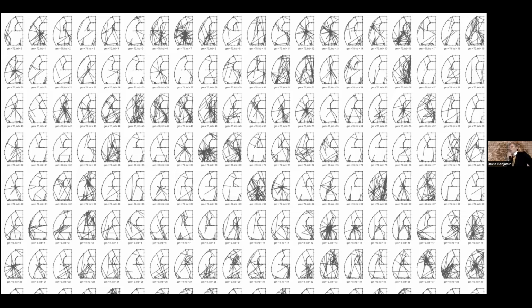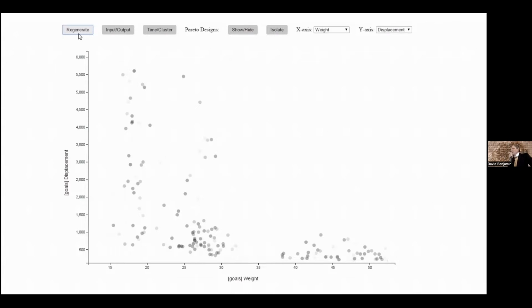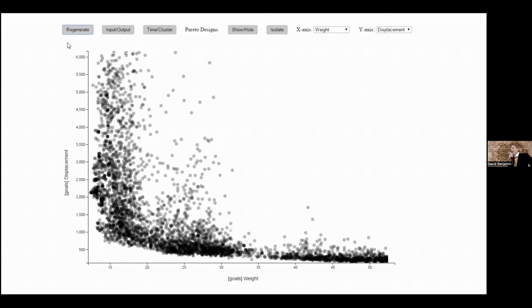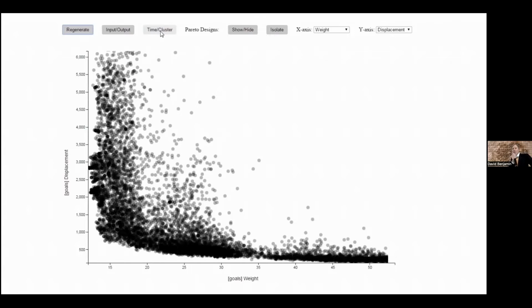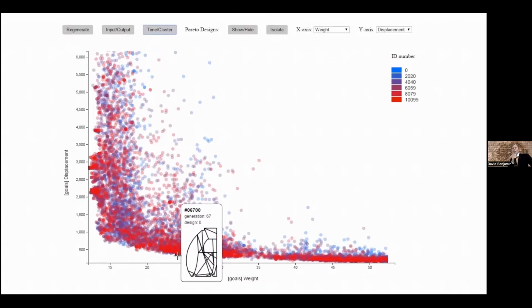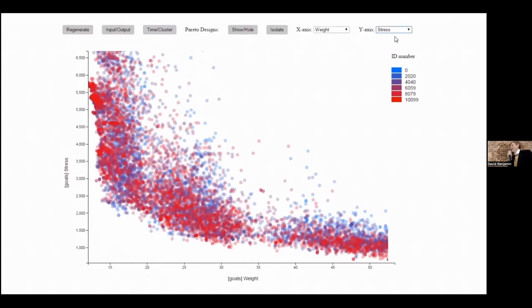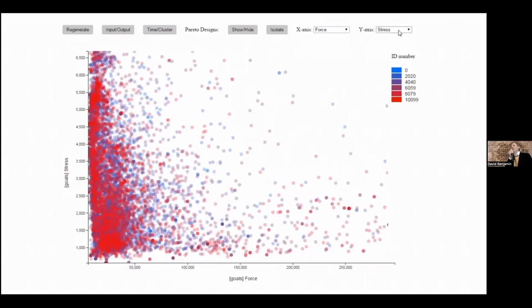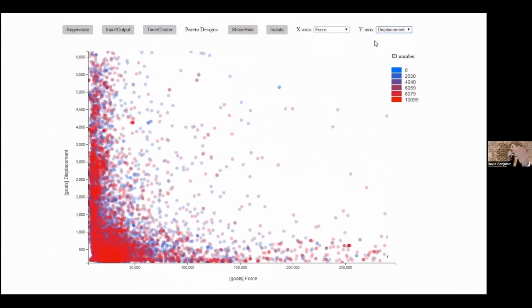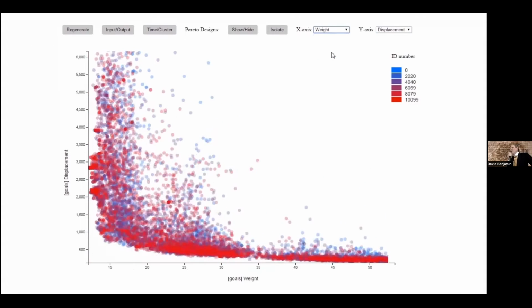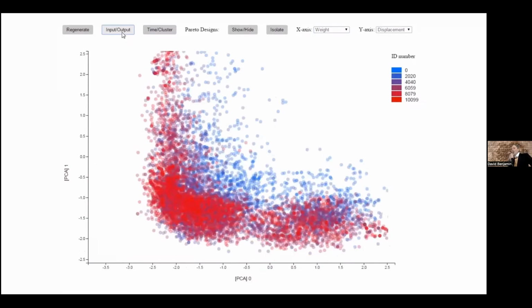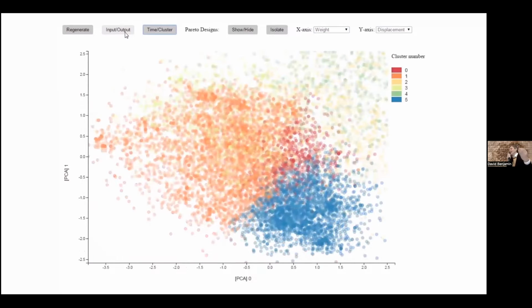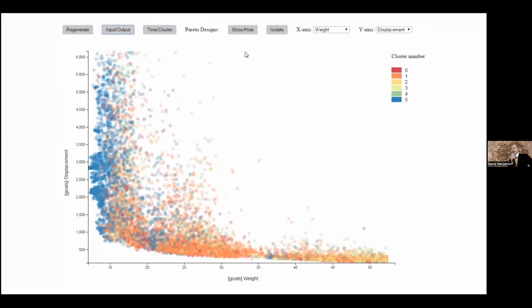And this was, in addition to a geometric approach, also a kind of data approach. So this is a different view of that same data. Every dot is a different design option. And you can see how there are a lot of different designs. You can use data analytics to sort through those designs, plot them on a graph in different ways, color code them according to their design over time, or according to things like their virtual DNA, what makes the type of design that they are.